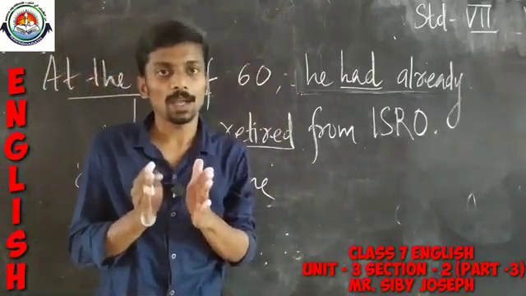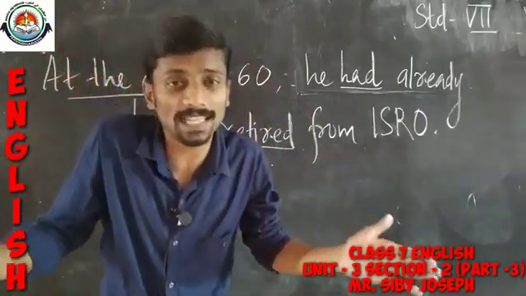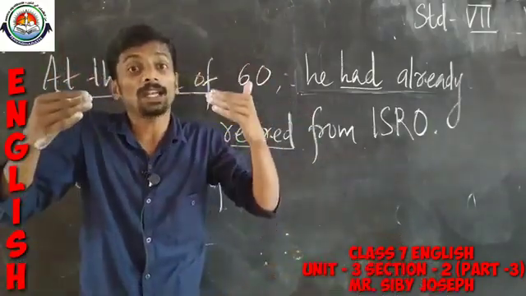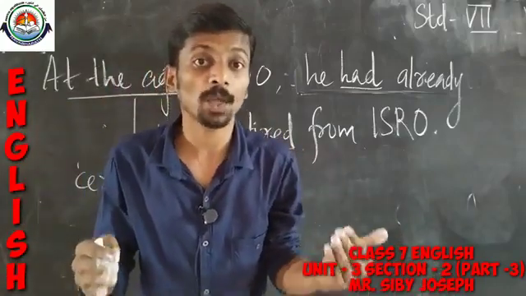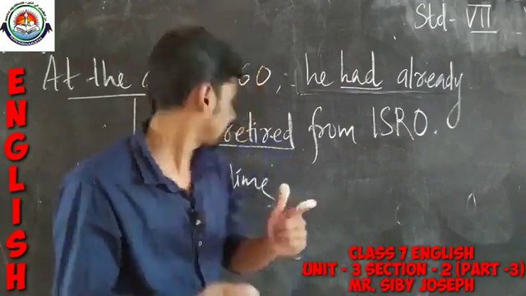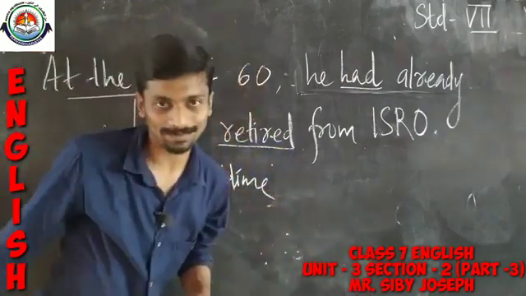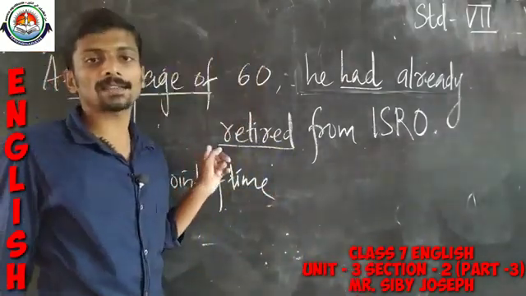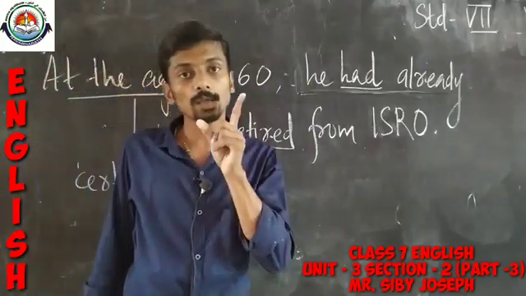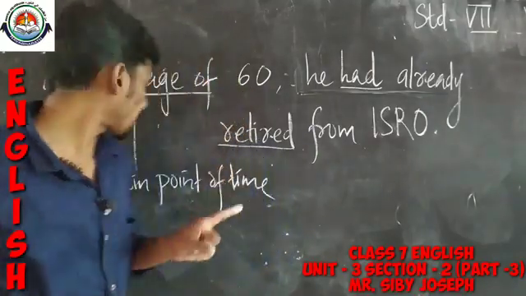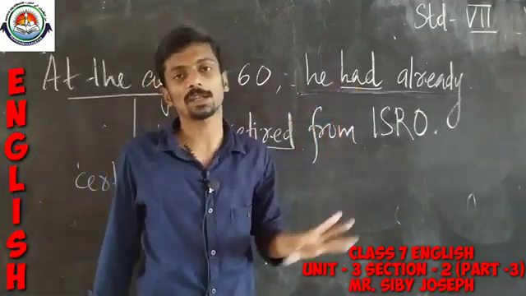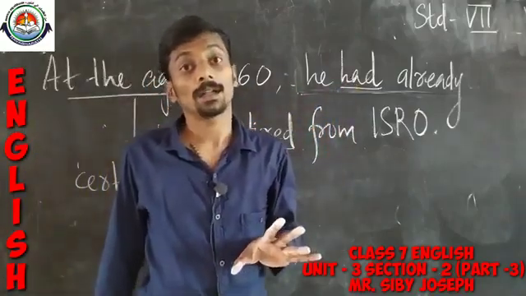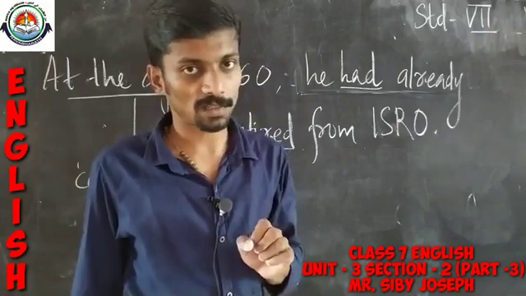So, we can clearly say that we normally use past perfect tense when we are speaking about a certain point of time. If you want to speak about a certain point of time, you can definitely use past perfect.